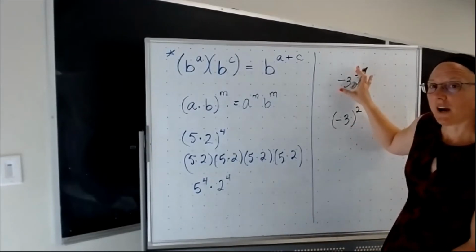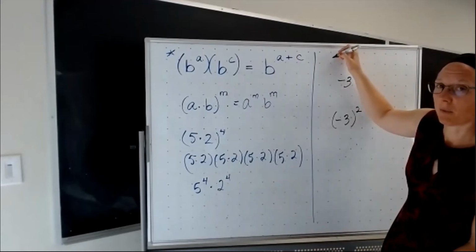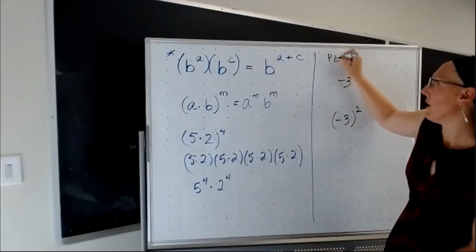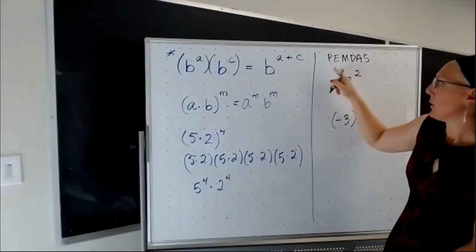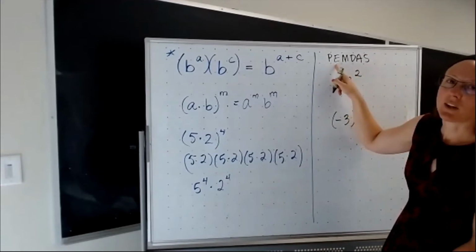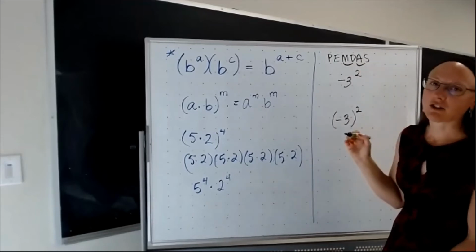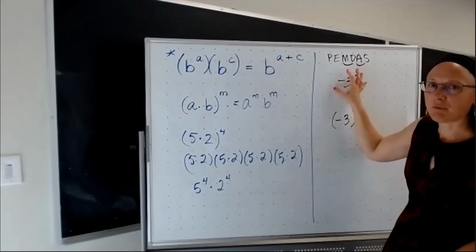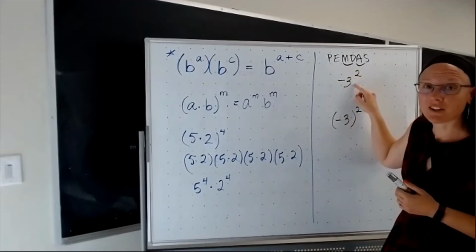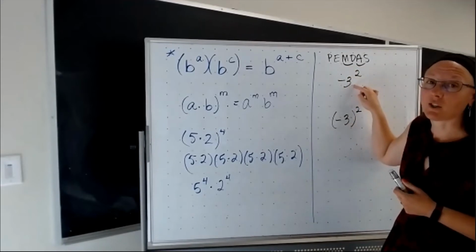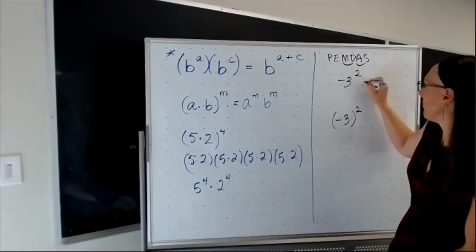Thinking about the order of operations, which some people think about as PEMDAS: parentheses, exponents, multiplication and division, addition and subtraction. If we're looking at -3 squared, technically we have to deal with the exponent first, which means this would take the 3 and square it and get 9, and then we'd make that negative.